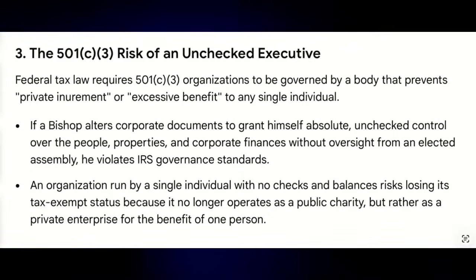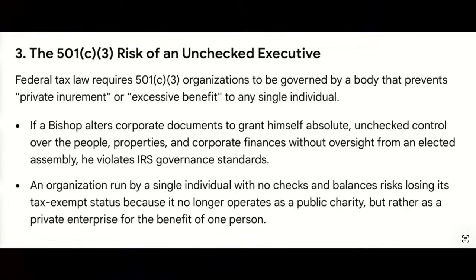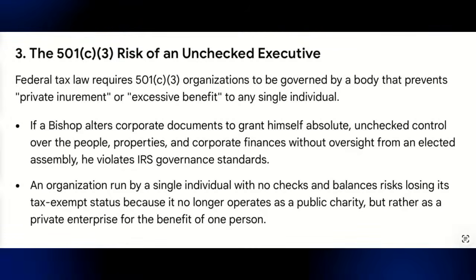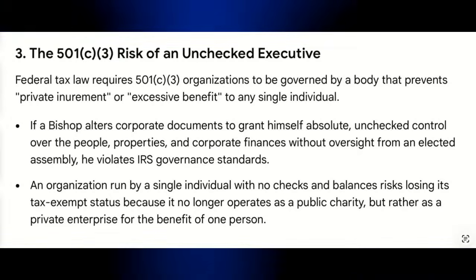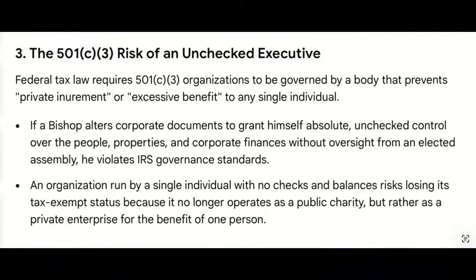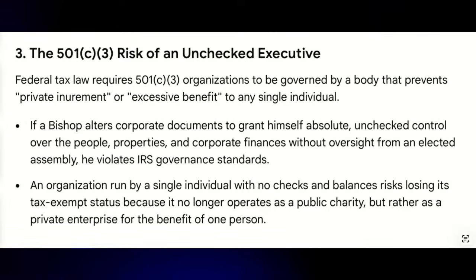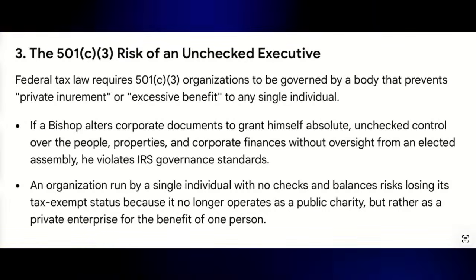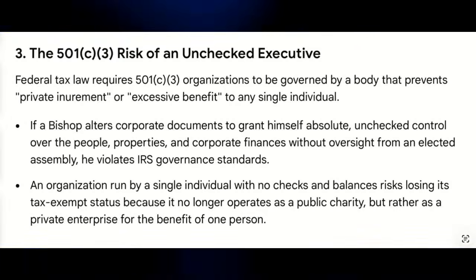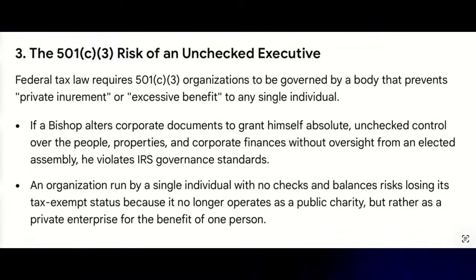An organization that is run by a single individual with no checks and balances risks losing the organization's tax exemption, because the organization no longer operates as a public charity. Now the organization is operating as a private enterprise for the benefit of one person. This is why we got to stop this.